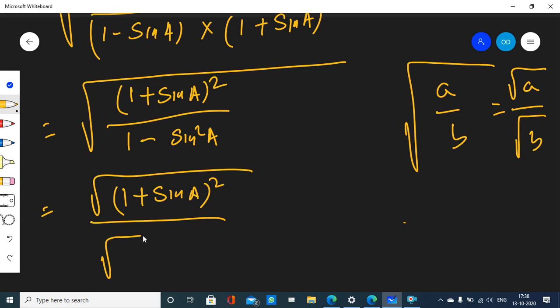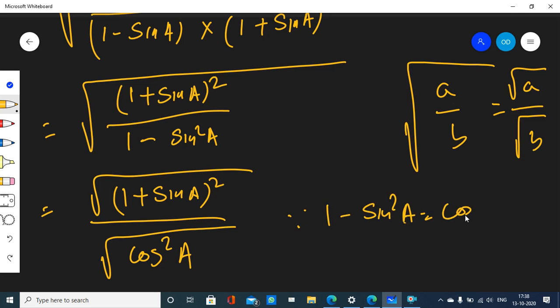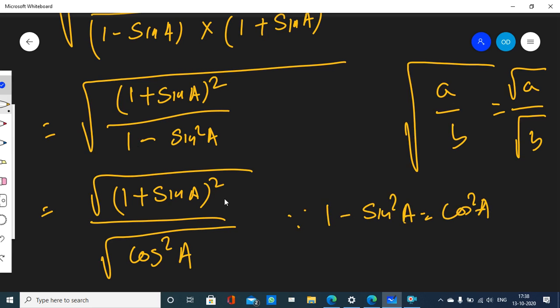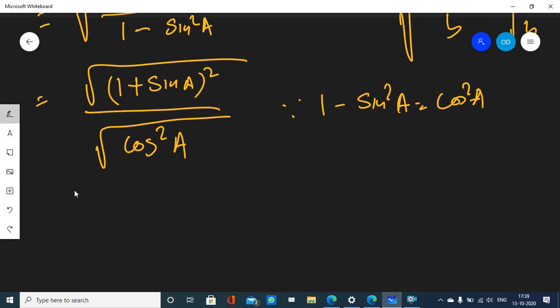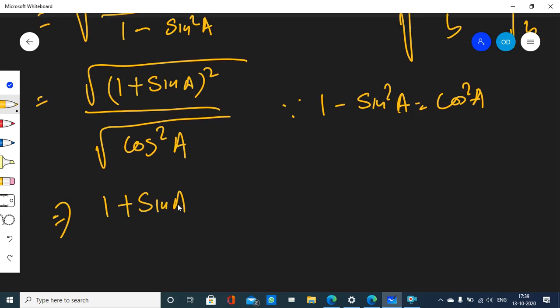And on the denominator, what do we have here? 1 minus sin square a is equal to actually what? Cos square a, right? Then on the top, square root of this is simply 1 plus sin a. Denominator, square root of cos square a is simply cos a.